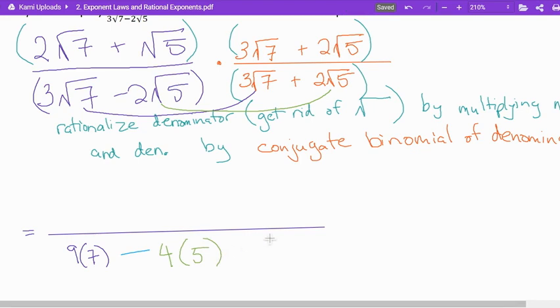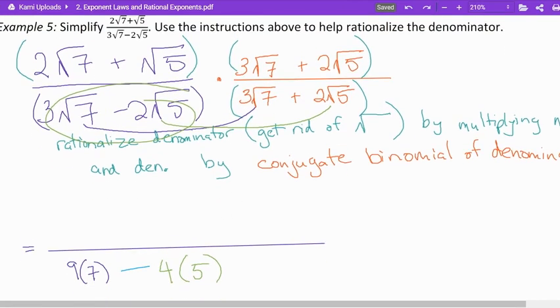So you're only going plus one for each one for a conjugate binomial because of the FOIL rule. Because this binomial and this binomial are identical except for the sign in the middle, I can do the shortcut. But watch, now let's do the numerator. It's going to be a giant mess.